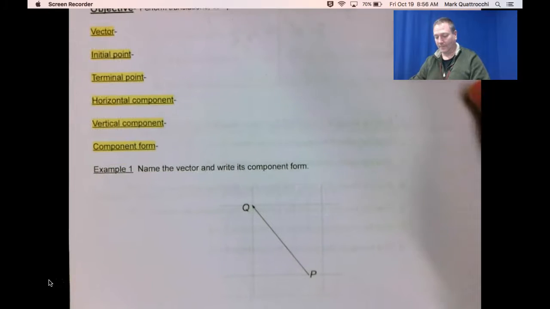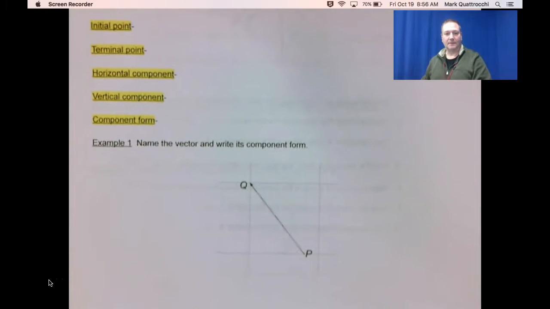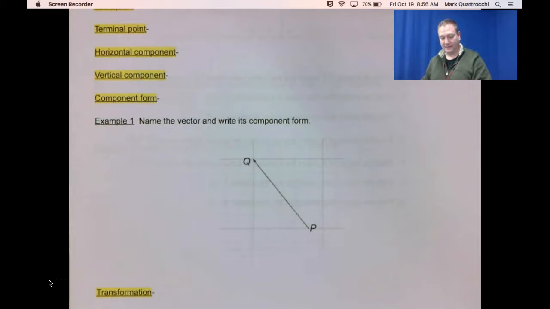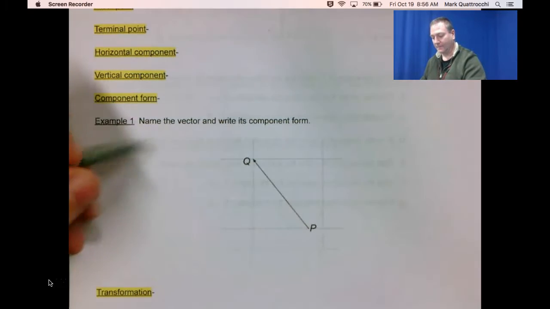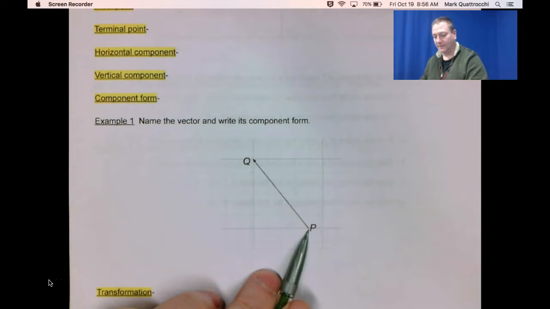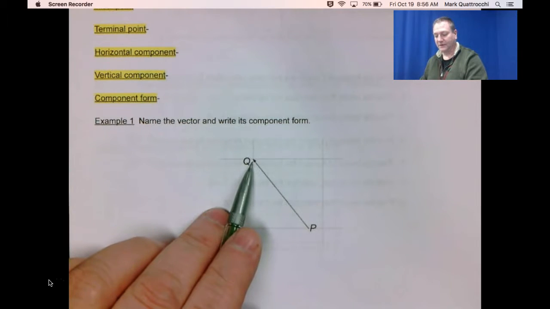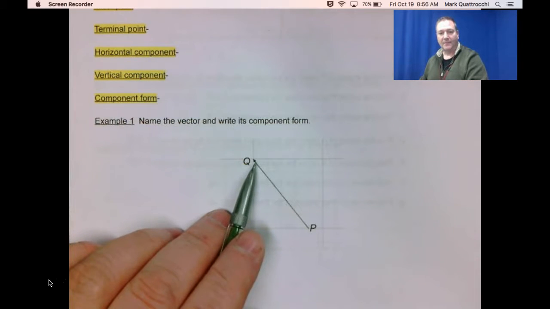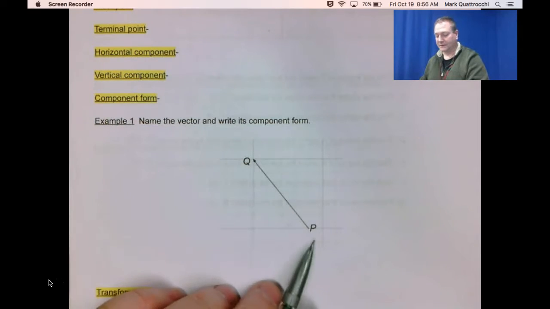Example 1, we're going to use some vector component notation to name this vector. This vector starts here at P, our initial point, and goes here to Q, our terminal point. It looks like a ray because it's got the arrow, but that just indicates the direction.